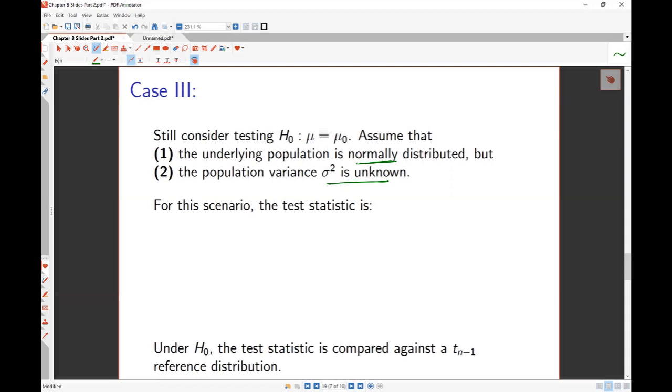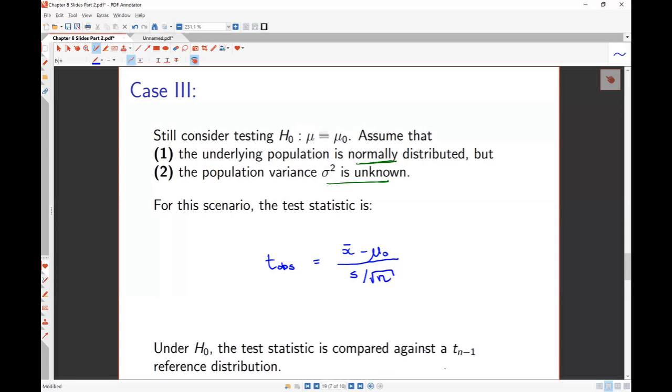So if you identify you have normality, but sigma squared is unknown, the result is that you're no longer using a z statistic for the test, you're going to use a t statistic. So your test statistic now, t observed, gets calculated as x bar minus mu naught, the value under the null hypothesis, over sample standard deviation divided by square root of n.